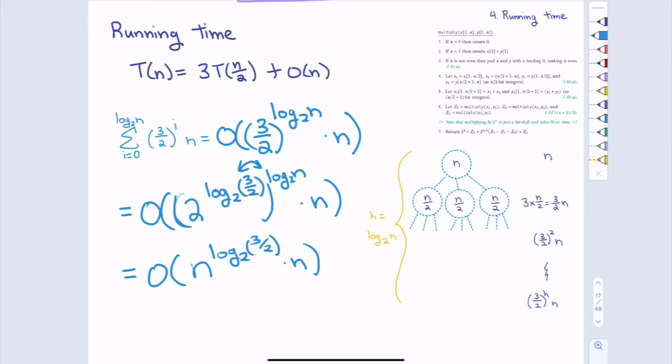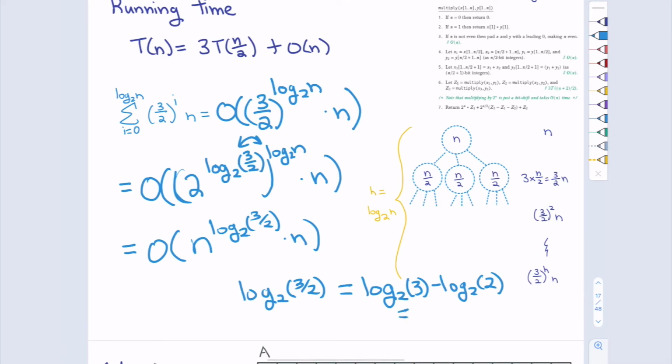Okay. Meanwhile, log 2 of 3/2. But remember, a division becomes a subtraction. Log base 2 of 3 is some annoying number. But what's log base 2 of 2? 1. So this is equal to log base 2 of 3 minus 1.